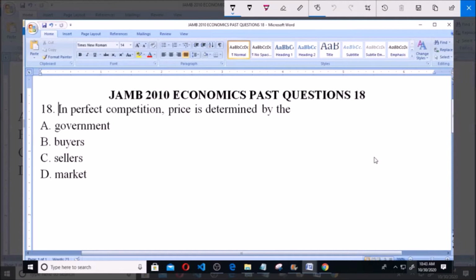Price and quantity are determined by the interactions of the forces of demand and supply. Based on this, our correct option is option D: the price is determined by the market.